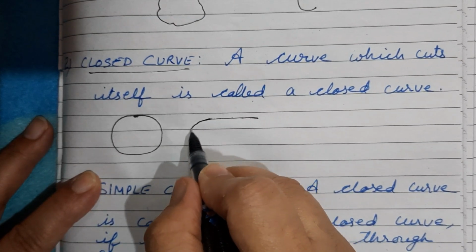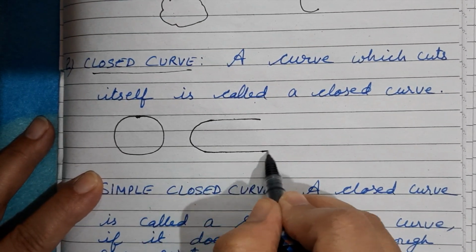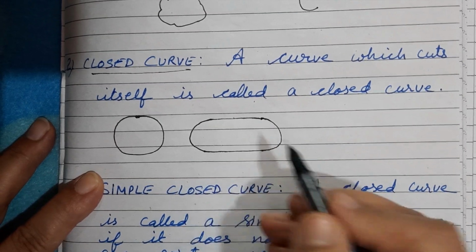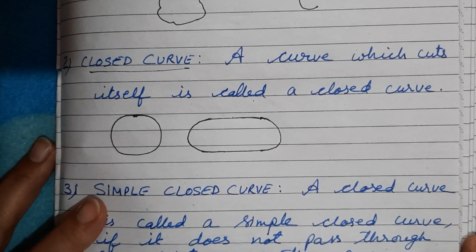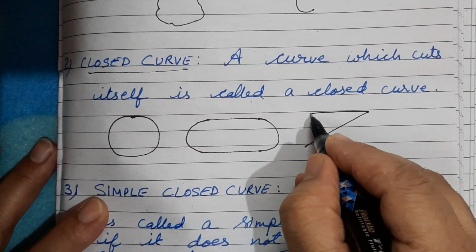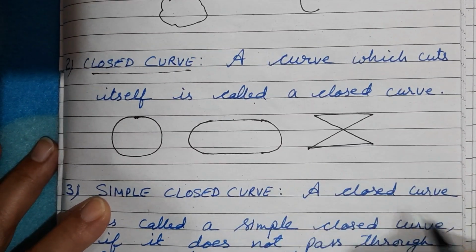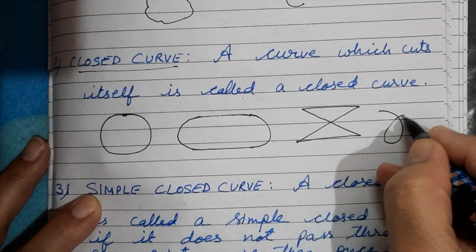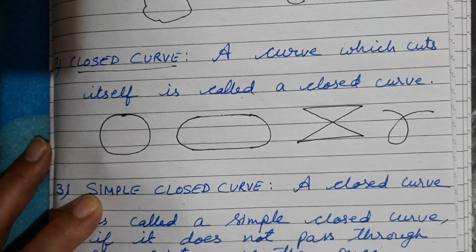Straight line, then curved here, then again straight, curved here, and just touching here at the same starting point. This is also a closed curve. This is also an example of a closed curve. This is also a closed curve.